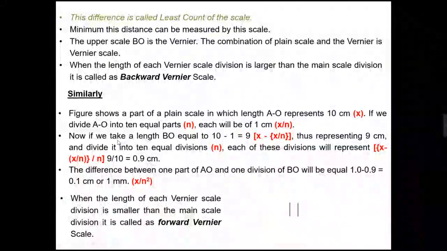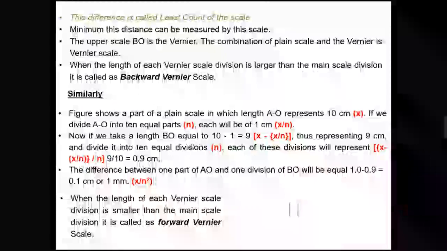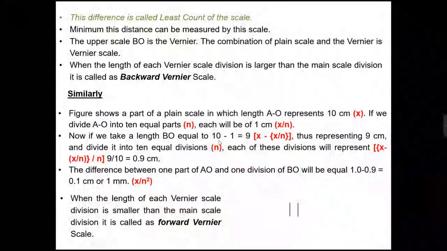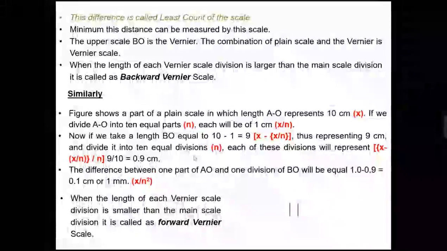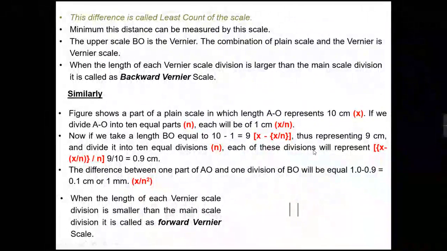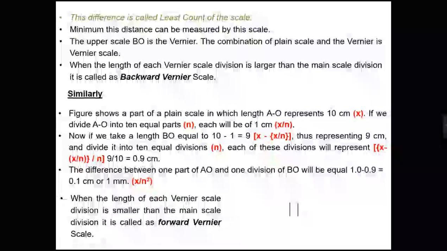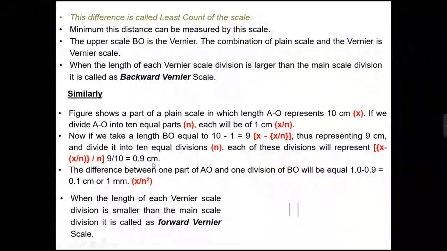Then we are taking the length BO equal to 10 minus 1, that is equal to 9 centimeters, thus representing 9 centimeters, and divide it into 10 equal parts. Each of these divisions will represent 9 by 10, that is 0.9 centimeters.